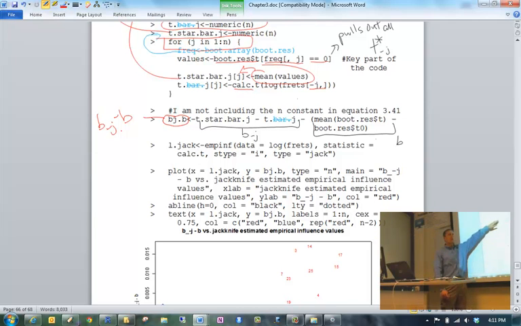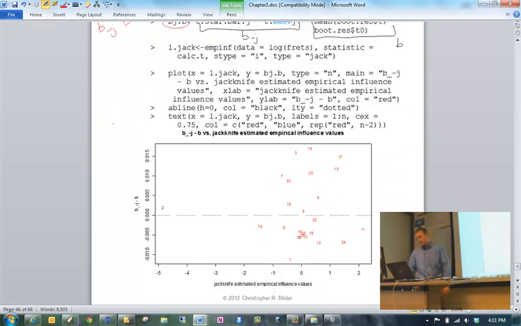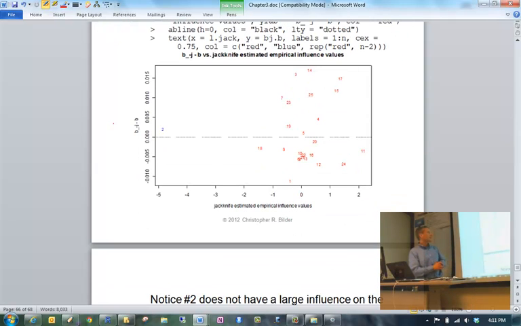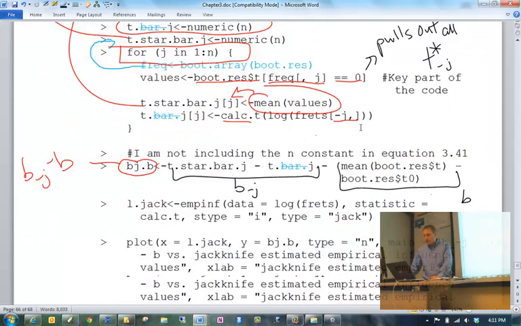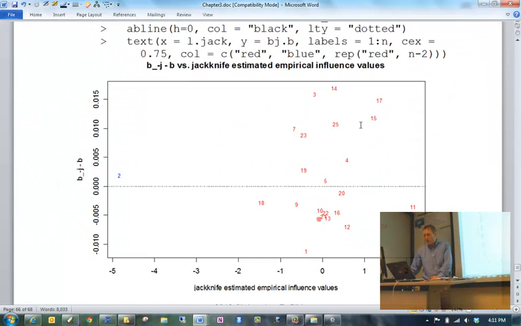I'm going to plot these versus the empirical influence values estimated by the jackknife, and here's my plot. And here we go. Make that a little bit bigger. Similar to what we've seen before, I actually use the observation numbers for the plotting point, so it's more descriptive.